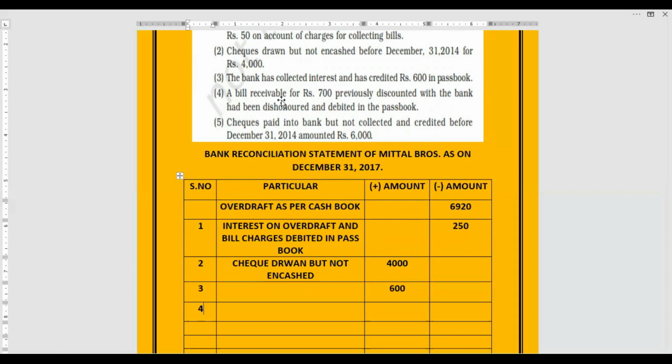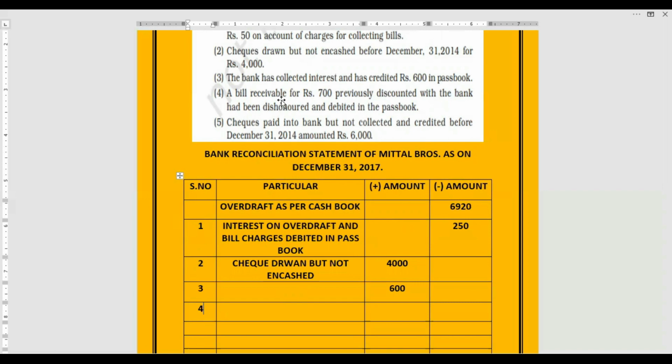We immediately went to our bank, gave the bill, and received the money 700 from the bank. But after the maturity date of the bill, the bank sent the bill for collection to the party, but the party failed to pay the money.